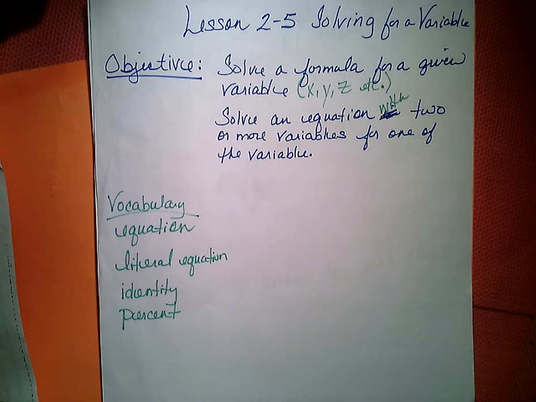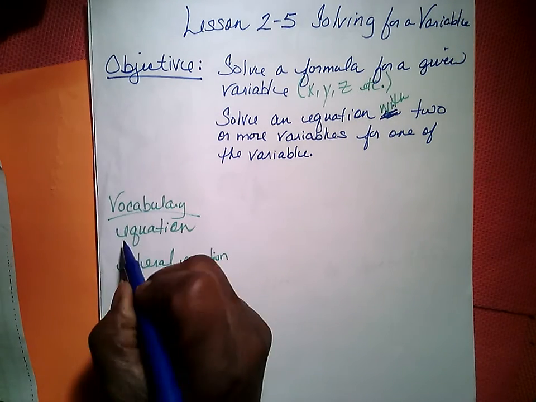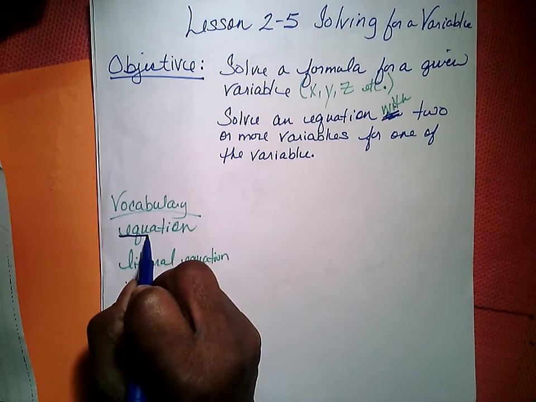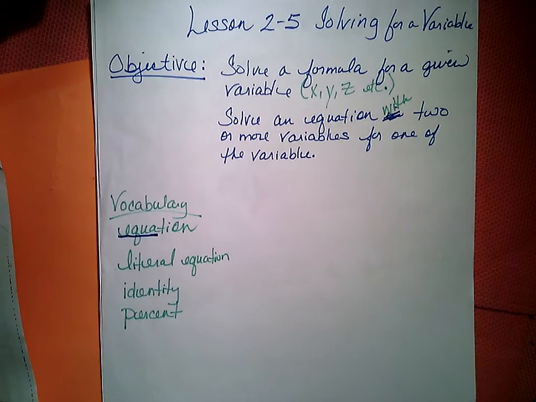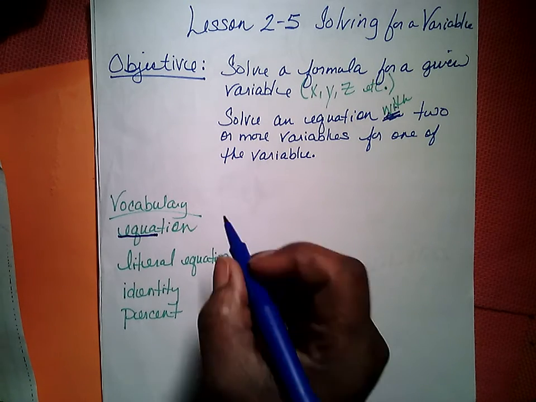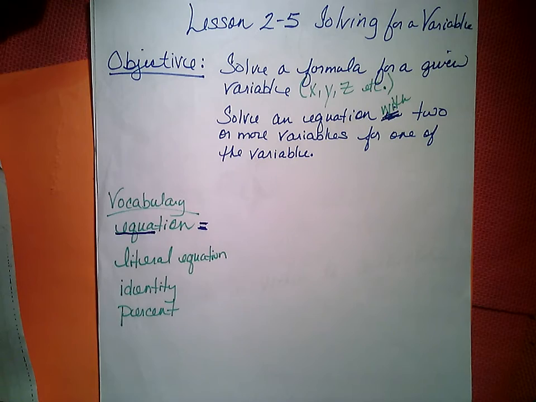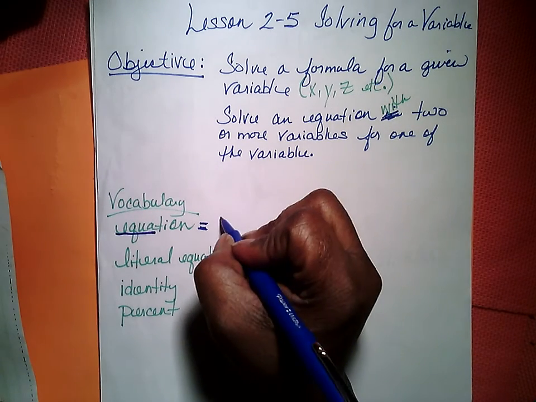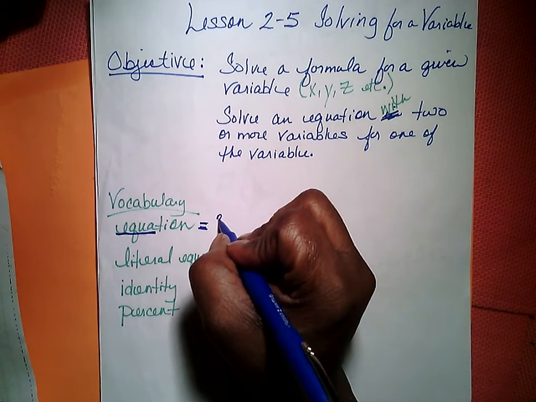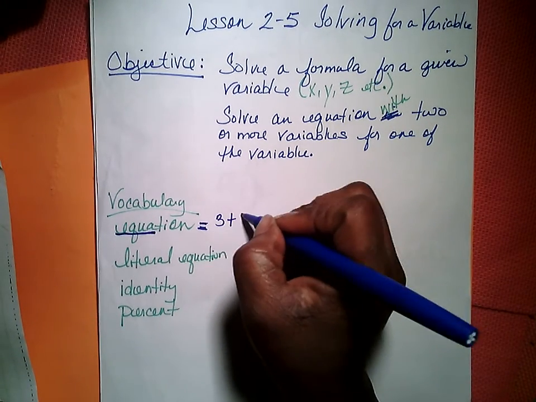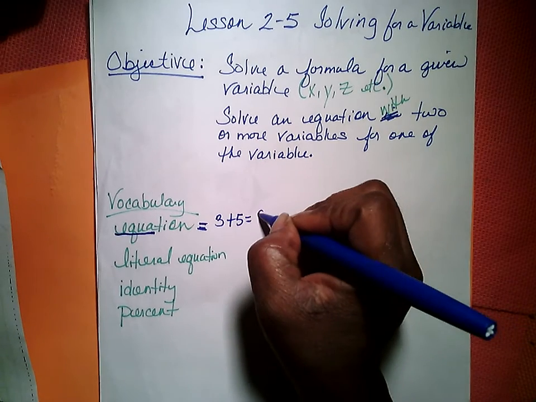The first term that we're looking at is equation. When you think about the root piece of it, it kind of looks like equal. So equations usually are going to equal. For example, 3 plus 5 equals 8.